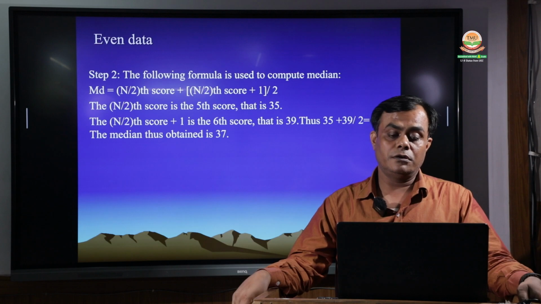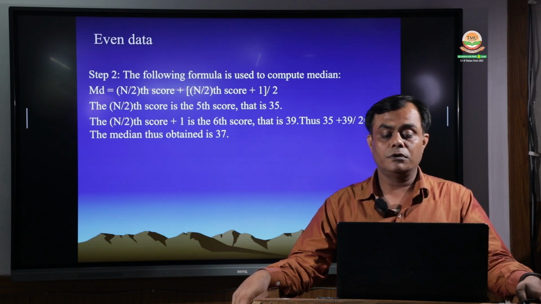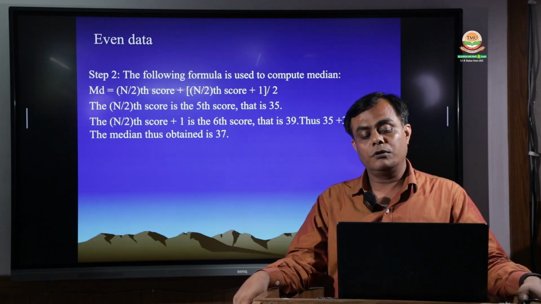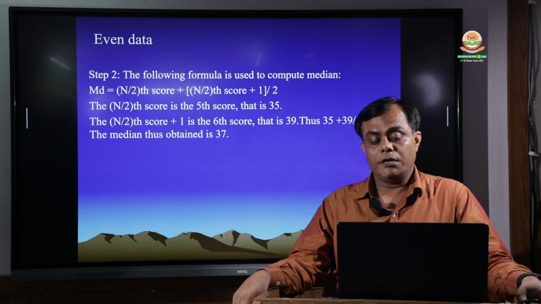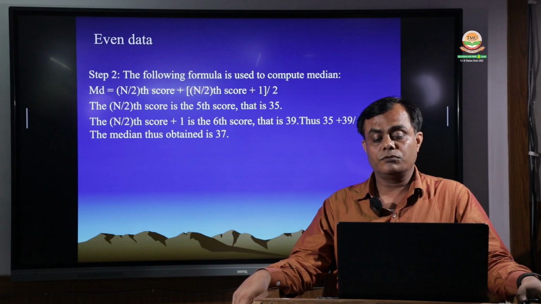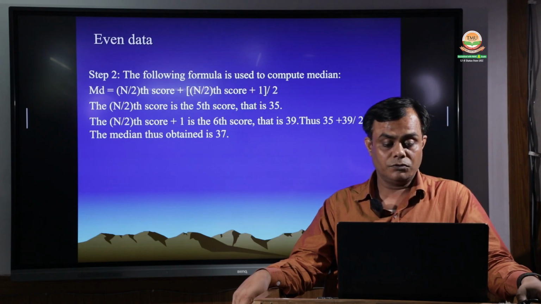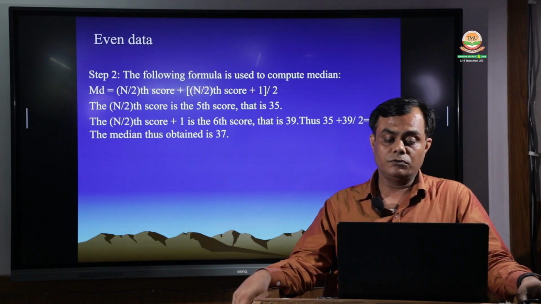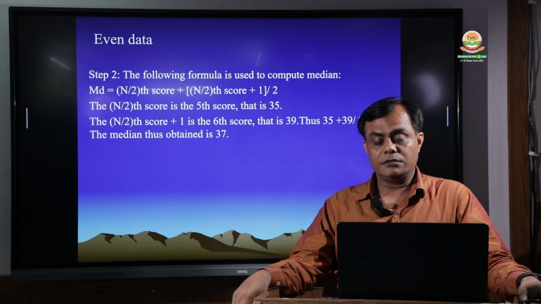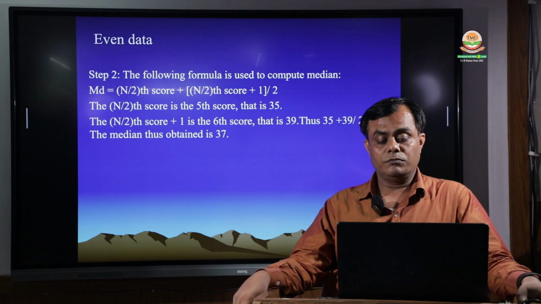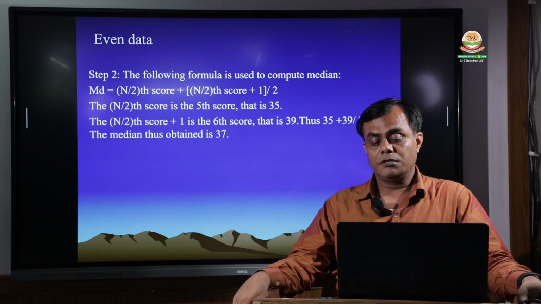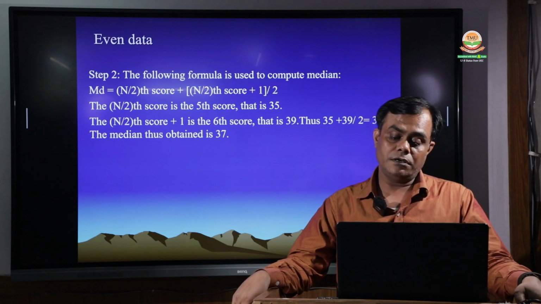So median is equal to the n divided by 2 score plus the n divided by 2 plus 1 score, divided by 2. So here n divided by 2 is the 5th score, that is 35, and n divided by 2 plus 1 is the 6th, that is 39. 35 plus 39 divided by 2 is 37.